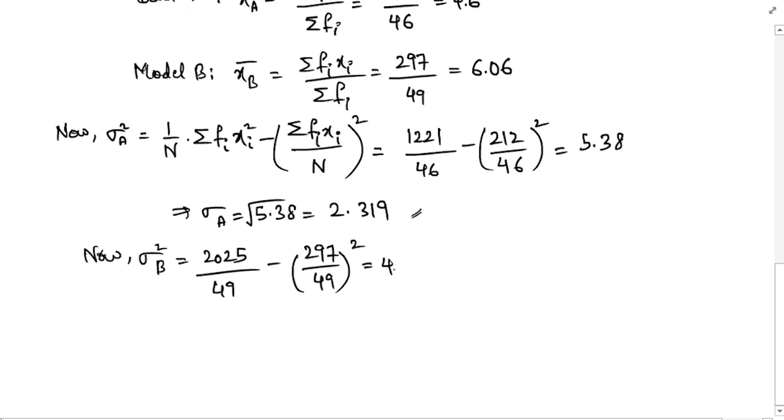That is equal to 4.61. That implies sigma b is equal to root of 4.61, that is equal to 2.147.